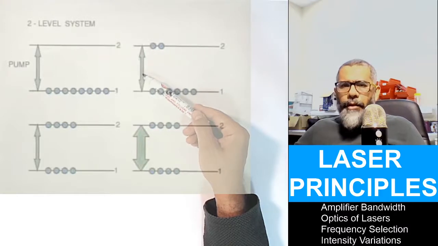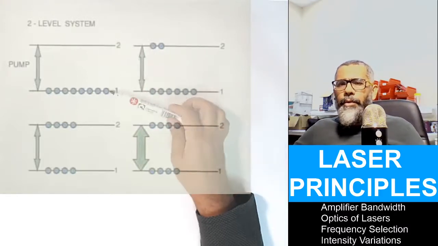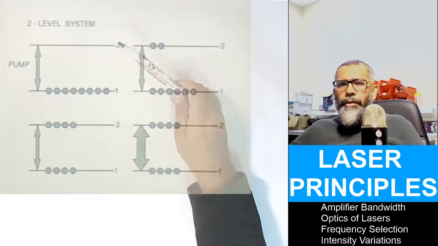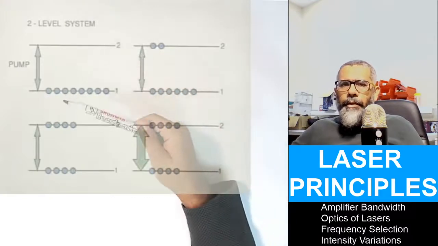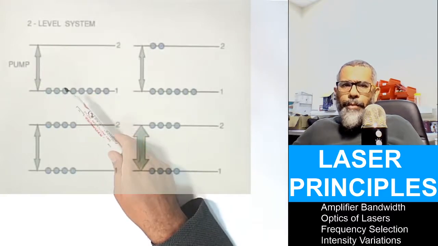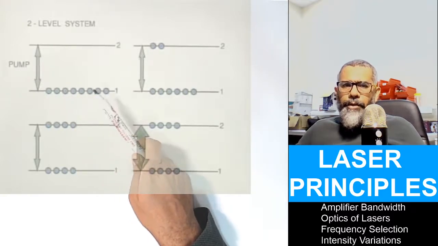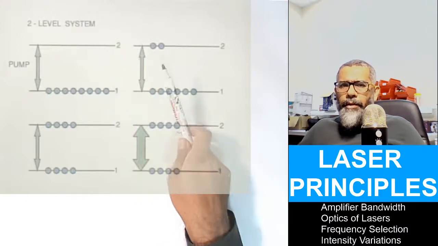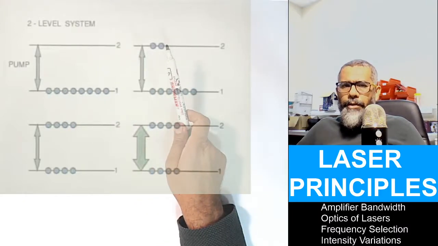In order to start a laser, we must provide some energy, of course, just like your ordinary laser pointer uses a small battery to start. We need this extra energy, and this is referred to as pump. So you're pumping your ground state atoms so that they are pumped to high energy levels.